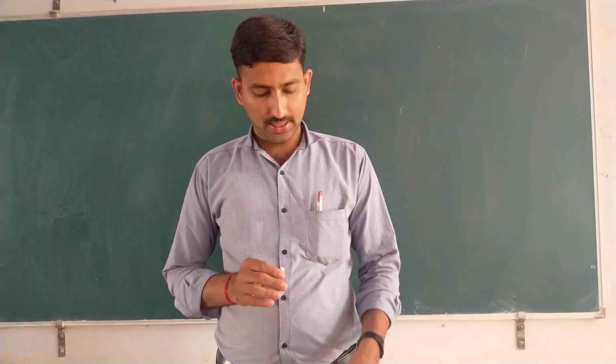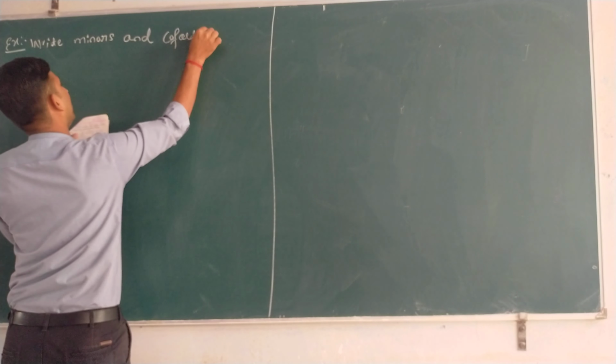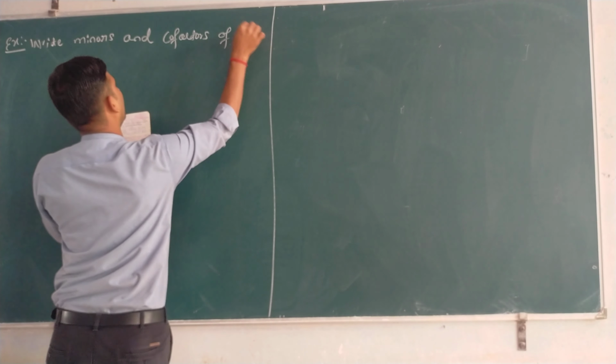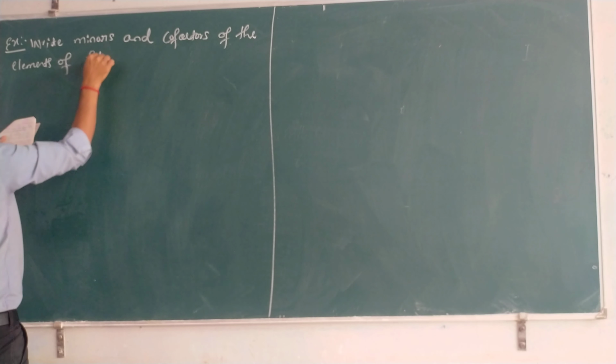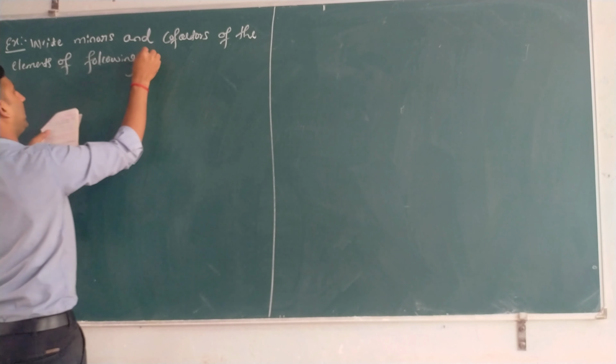Today's first question is: write minors and cofactors of the elements of the following determinants. Example: write minors and cofactors of the elements of the following determinants.